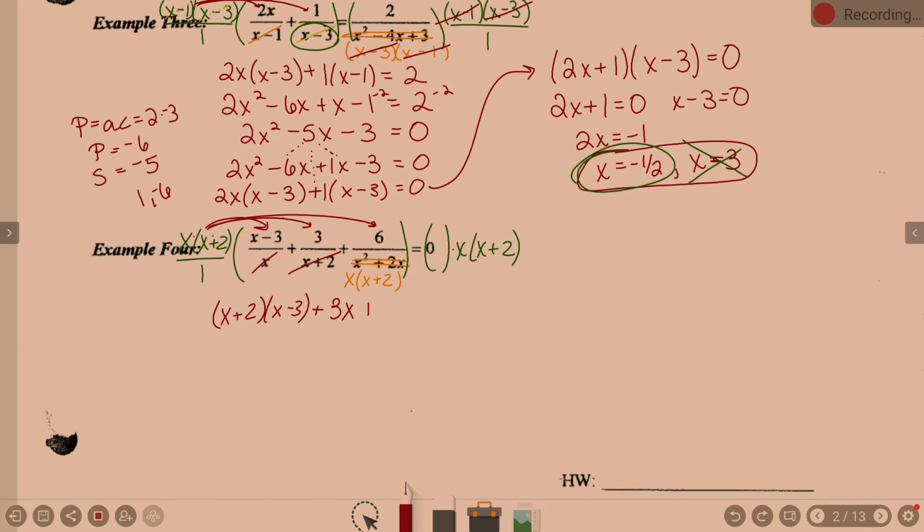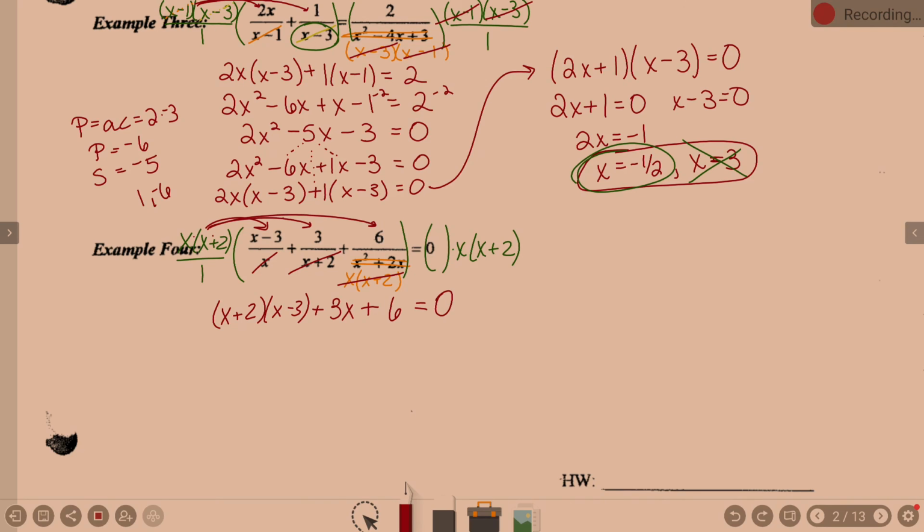Plus, what happens in the next fraction? Plus 6. X cancels with x. X plus 2 cancels with x plus 2. My denominator is gone, and I'm left with just the numerator of 6. What happens on the right? 0 times anything is 0. Shall we multiply now?